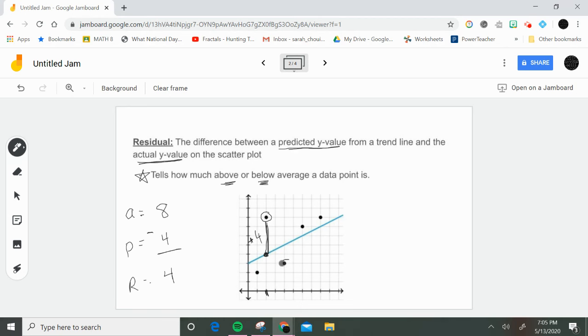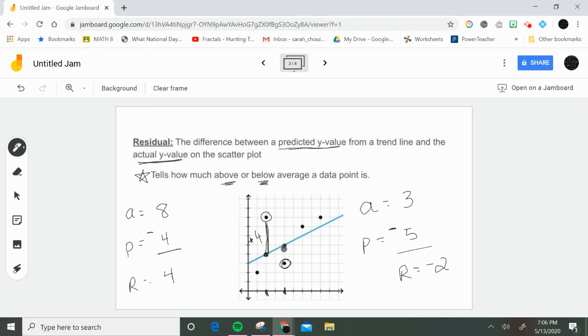Over here, on the other hand, this had an actual y value of 3, whereas the predicted y value for the x value of 4 was 5. So if I subtract that, 3 minus 5 gives me a residual of -2.